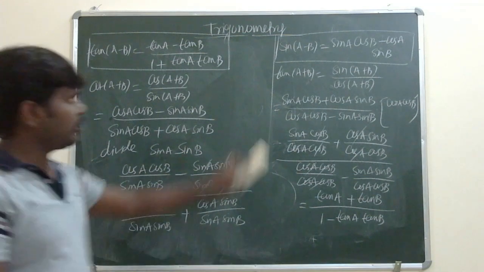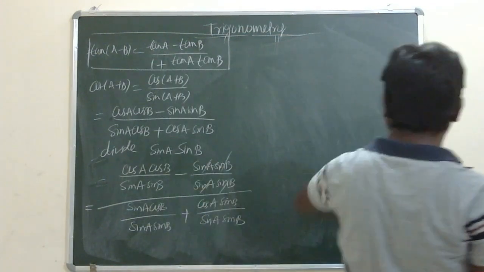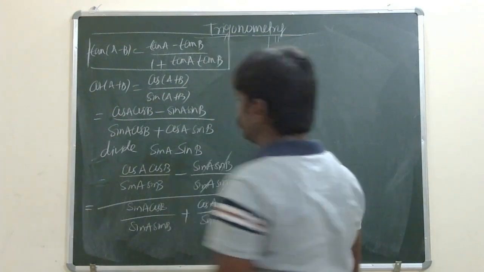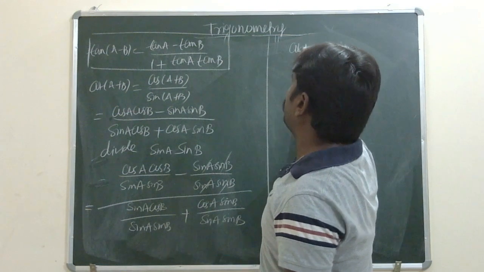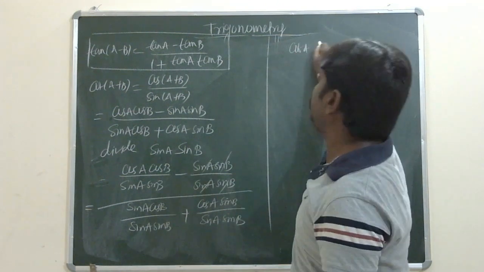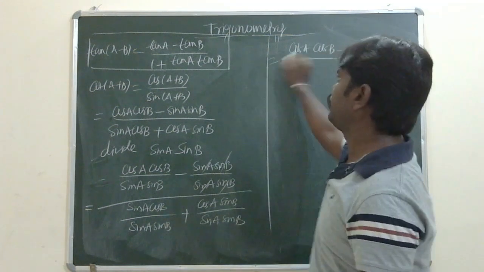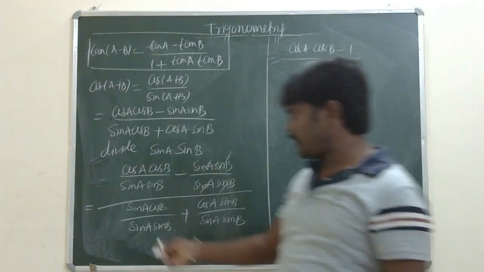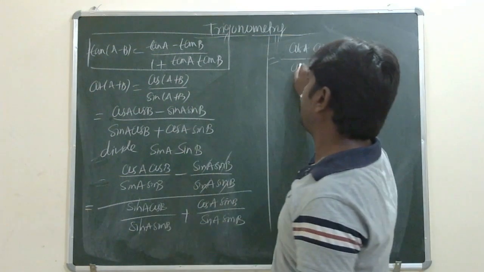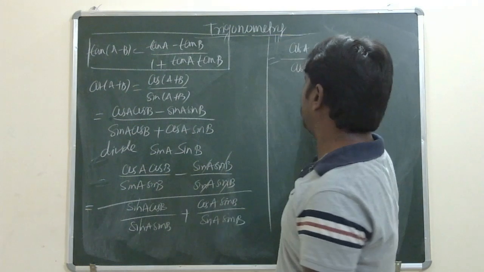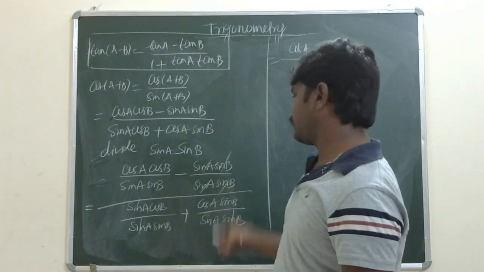So that means here we can write, so cos A by sin A means here cot A, and cos B by sin B means here cot B, and here minus 1 we have in the numerator and denominator. So here sin and sin will get cancelled. Cos B by sin B means here cot B, here plus cos A sin B by sin A sin B. So sin B sin B will get cancelled.